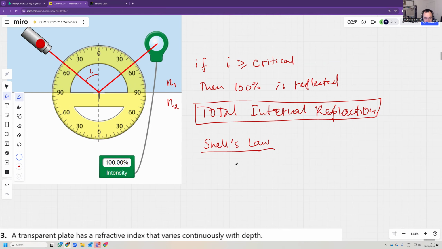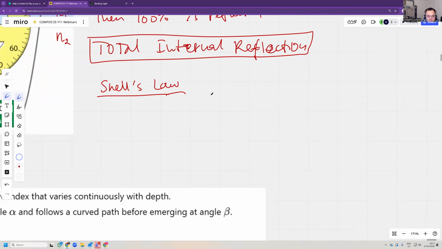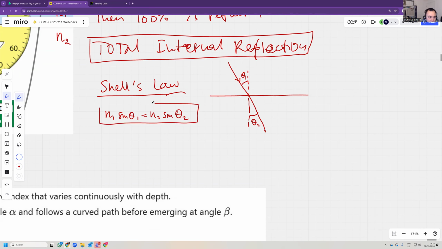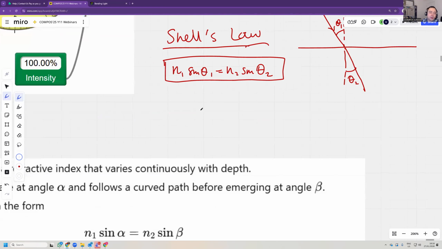Snell's law is that n1 sine theta 1 is equal to n2 sine theta 2. That's Snell's law.